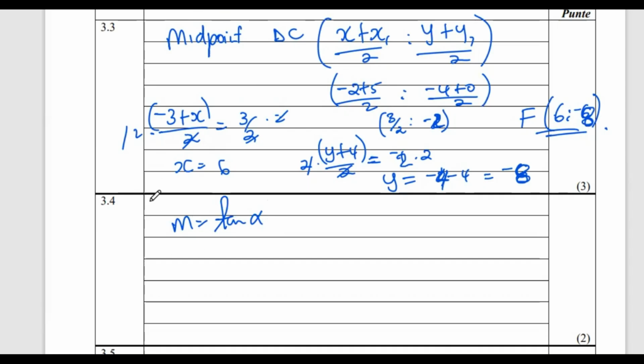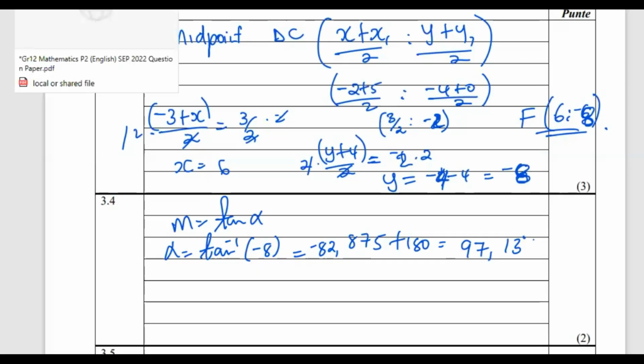Our M is -8, so alpha is going to be the arctan of -8. If I substitute that, I'm getting -82,875. I will just add 180 to get the positive angle, which is 97,13 degrees.